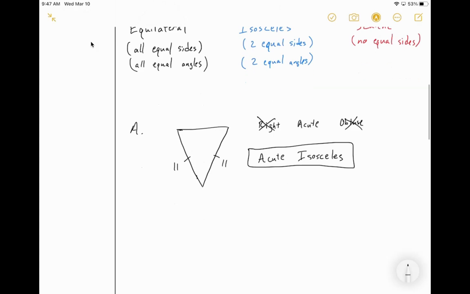Let me give you guys just one more, and it'll be the last thing we'll do. Let's say I had a triangle that looked like this. What do you think this triangle would be named? Remember, give me its angle name and then its sides name.